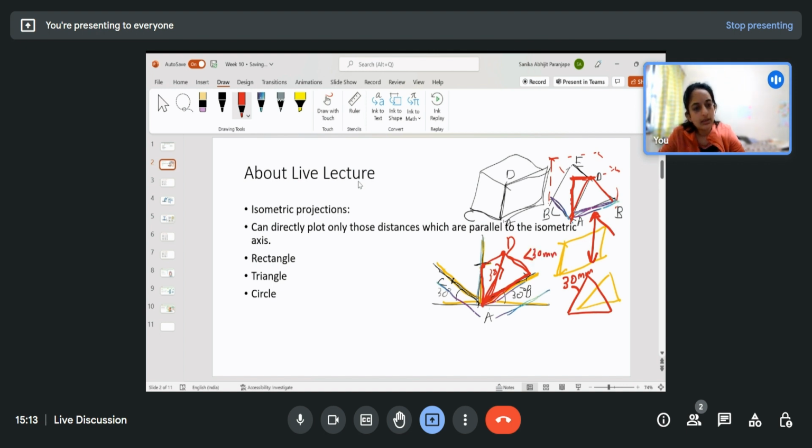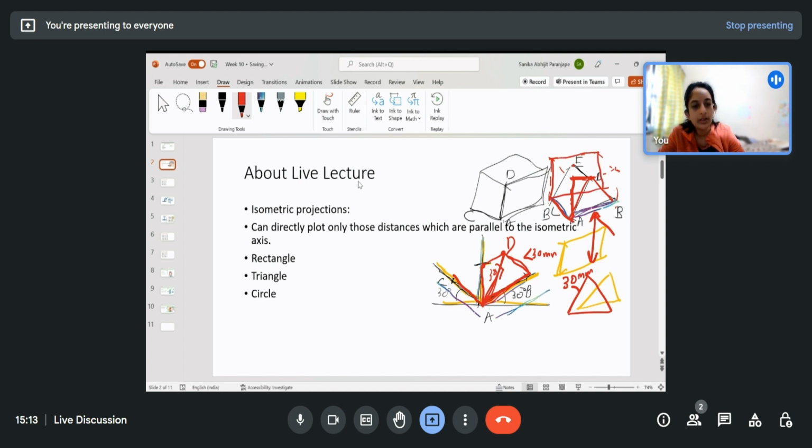Again now AC can be drawn parallel to this. So again, to locate this point E, you need to first locate this plane.